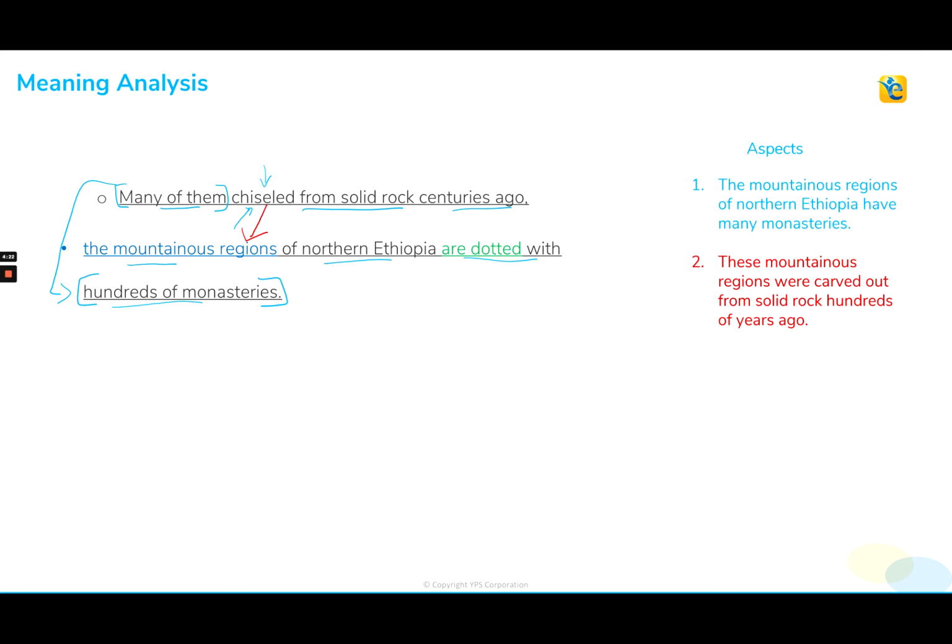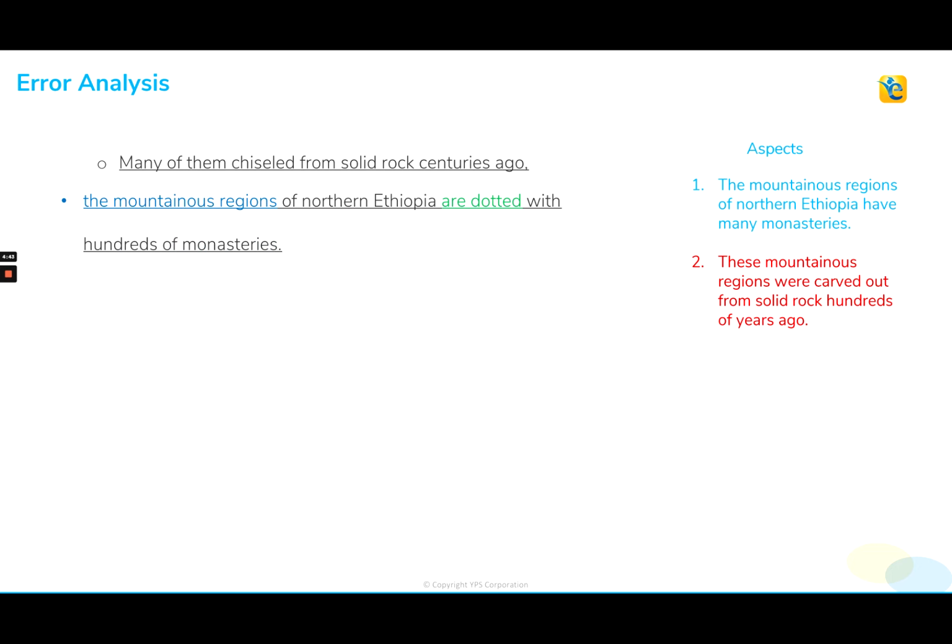So we do understand that the way this sentence is written is absolutely illogical. So we need to rearrange the entities in this sentence in such a fashion that it can present the logical intended meaning through the correct grammar. So now that we understand the meaning of the sentence and we also understand the intended logical meaning of the sentence, let's perform error analysis, in which we will try to find out what is the error.